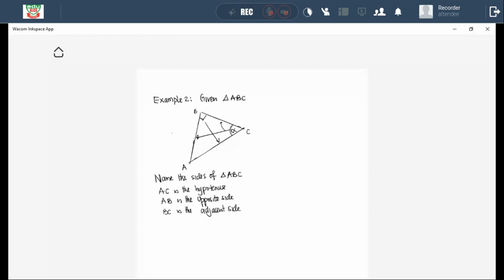Those are the 3 sides that make this right angled triangle with alpha as your reference angle. That's about it. I'm going to give you an activity where you are just naming and identifying the opposite, the hypotenuse, and the adjacent of any right-angled triangle which is drawn. Thank you.